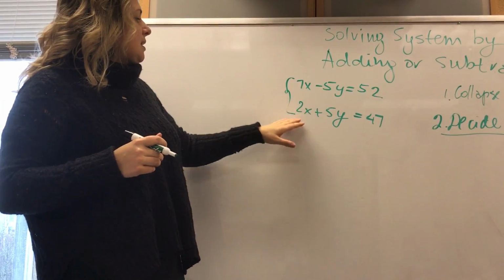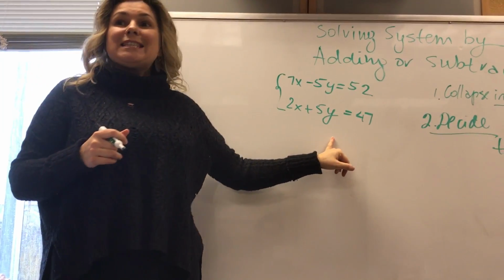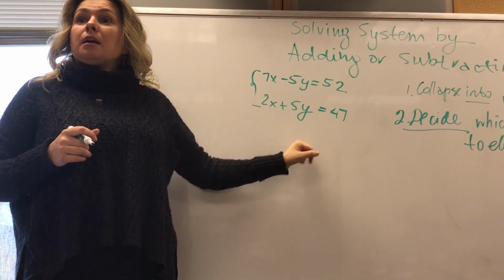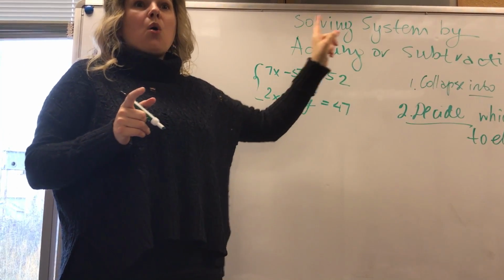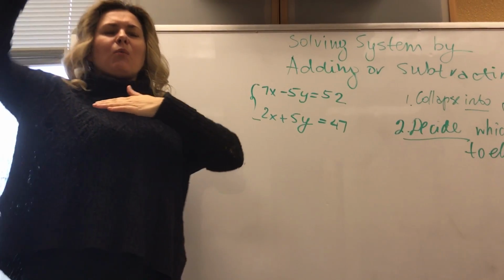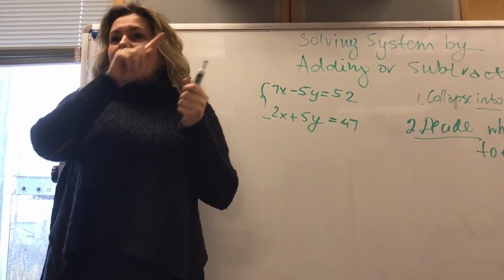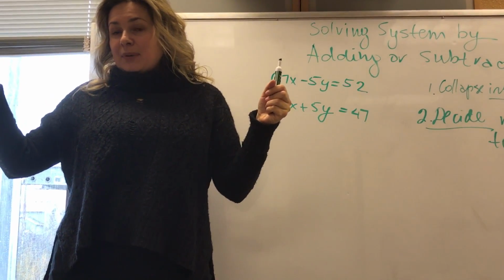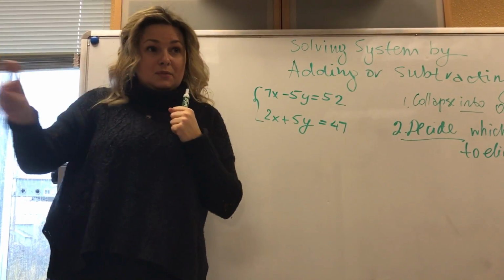So I see 7x, I have 2x, but I also see negative 5y and 5y. They're identical. You can add or subtract them. Remember how we were studying polynomials and we were adding them and combining like variables horizontally, but then I taught you how to do it vertically, remember?